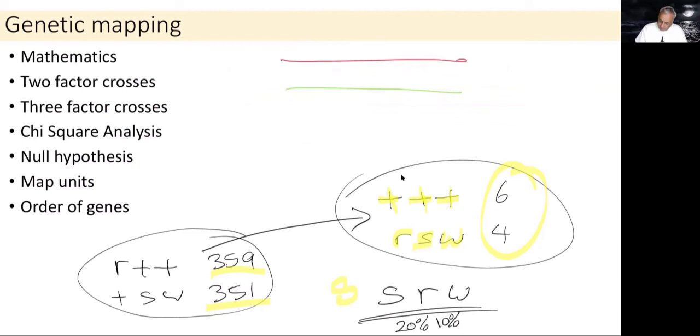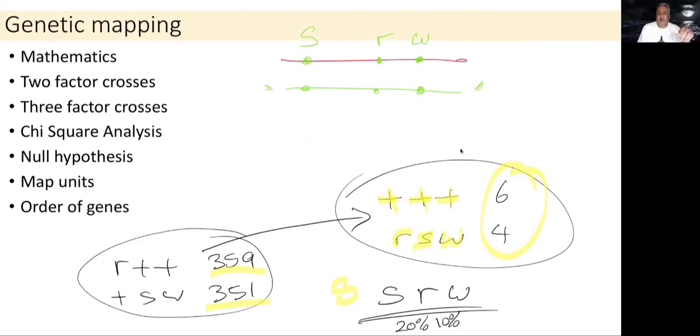And we can now say that W lies over here, the W gene. Then 10 units away, we have the R gene. And then 20 units away, we have the S gene. Like I said, the centromere could be on this side or that side. We don't know that until we do a further analysis.